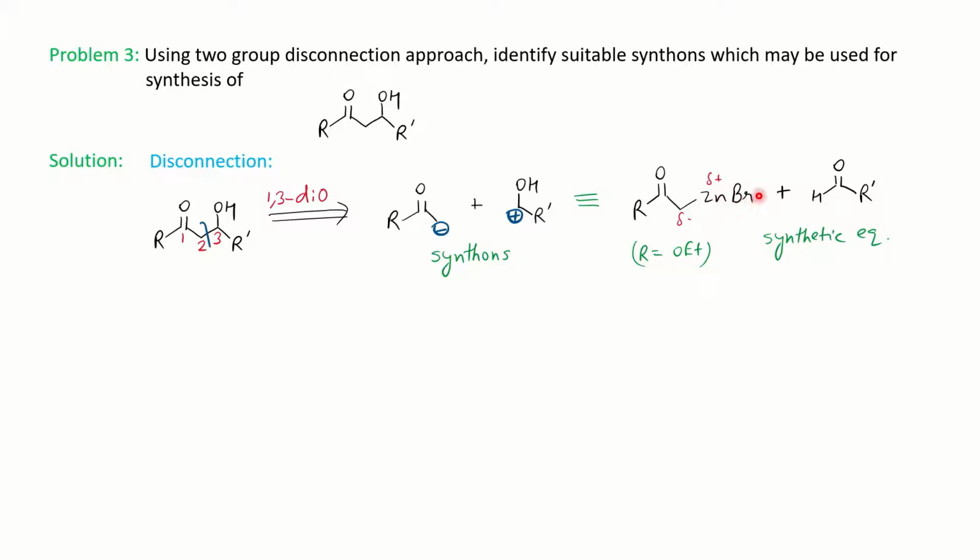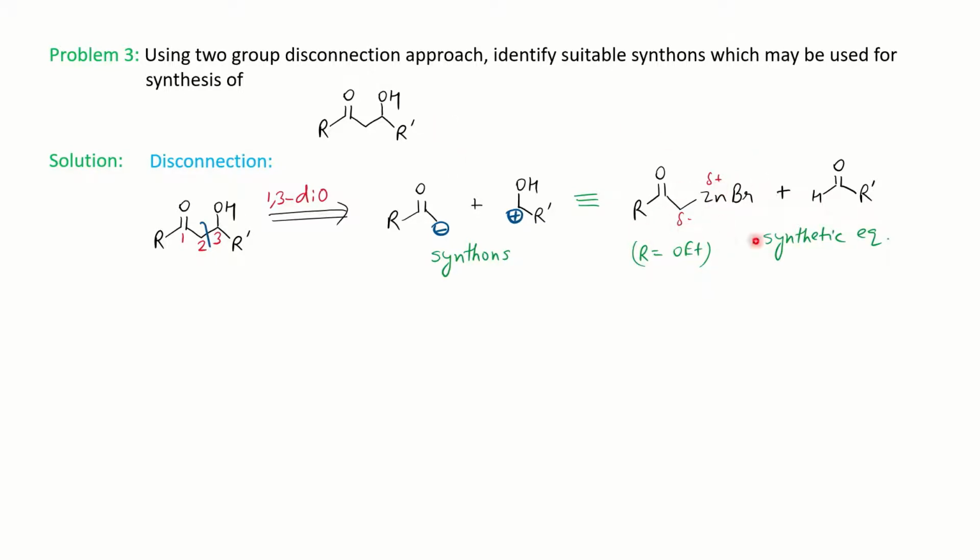Here we have written the organozinc to stabilize this negative species. So it is forming an organozinc, where the metal, being electropositive, will get a positive charge, and here your carbon has a negative charge.